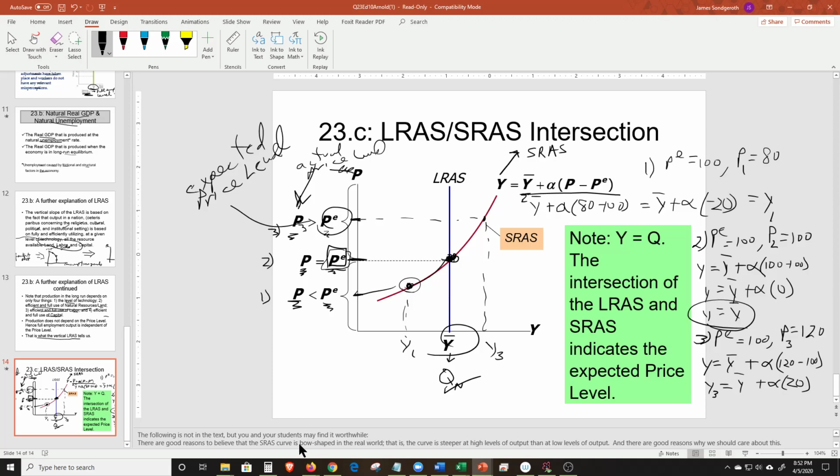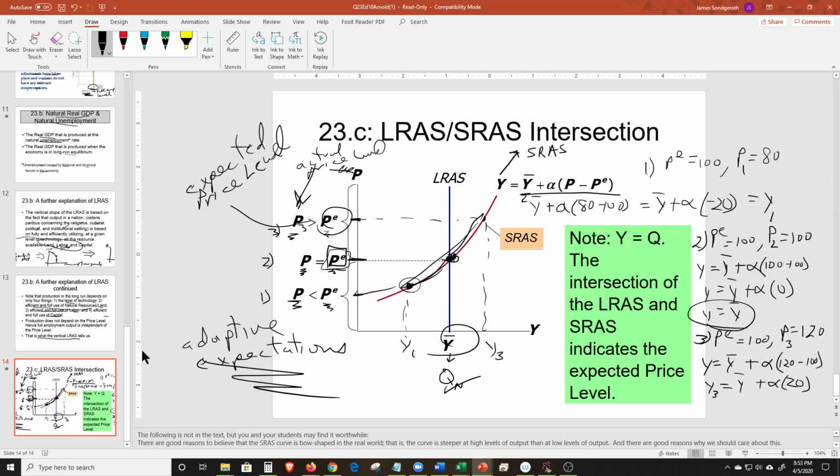And so when we put these together, we get an upward sloping short-run aggregate supply curve because of this expectations model. And this is part of what we're going to call adaptive expectations. So adaptive expectations can do a nice job explaining upward slope of the short-run aggregate supply curve.